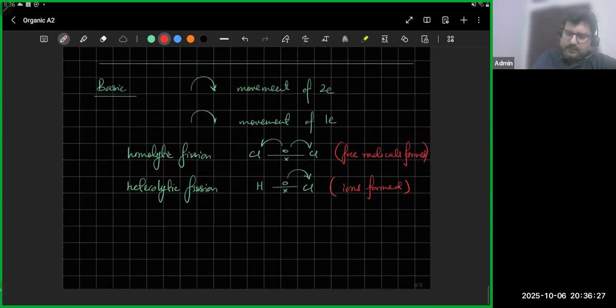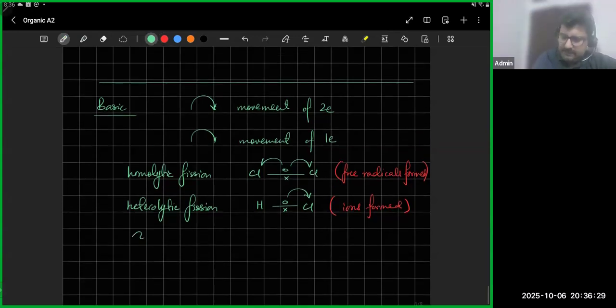So anyway, what's a free radical? A free radical is a species. It could be an ion, it could be an atom, it could be a molecule. It's anything that has unpaired electrons.